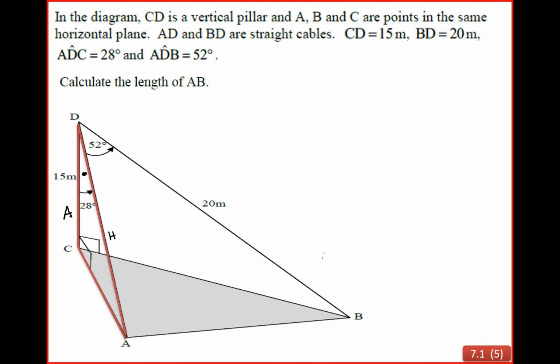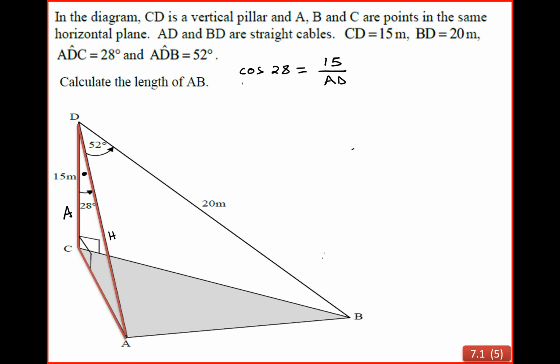And I could start off by saying cos 28 is equal to, remember cos is x over r, or adjacent over hypotenuse, and my adjacent side here is 15 over my hypotenuse, which is AD.